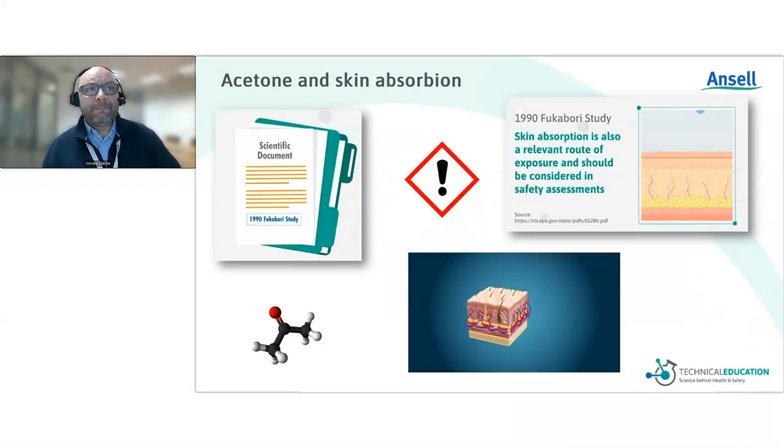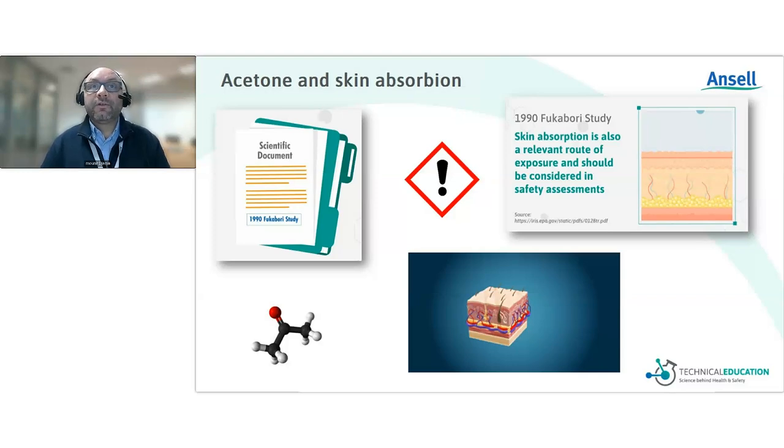Another study, maybe it's a little bit old, but it's still interesting. It's a flammability study where they show that the skin also absorbs acetone, and they compare the effect when inhaling acetone and the effect when applying acetone on the skin, and of course it's absorbed.